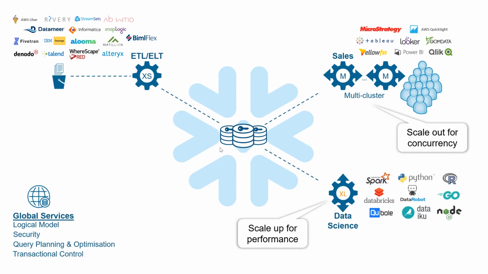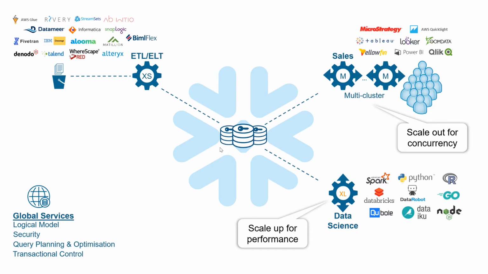So whenever the number of users grow, the multi-cluster architecture will respond with scaling out automatically. So you can specify that virtual warehouse will behave reactively in order to deal with growing concurrency.